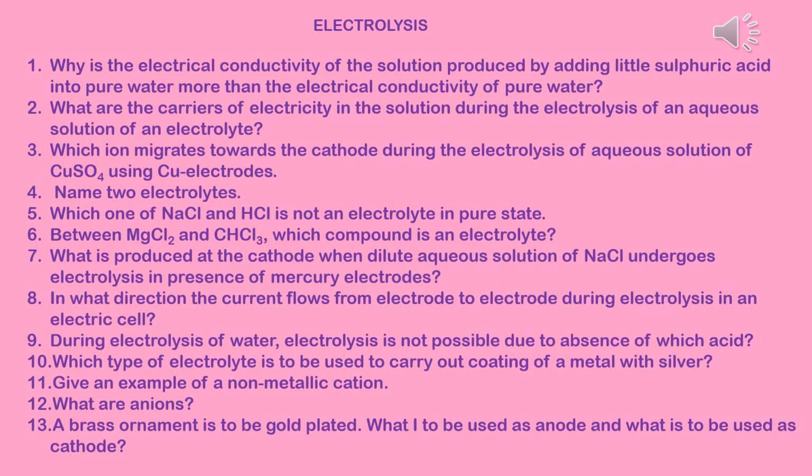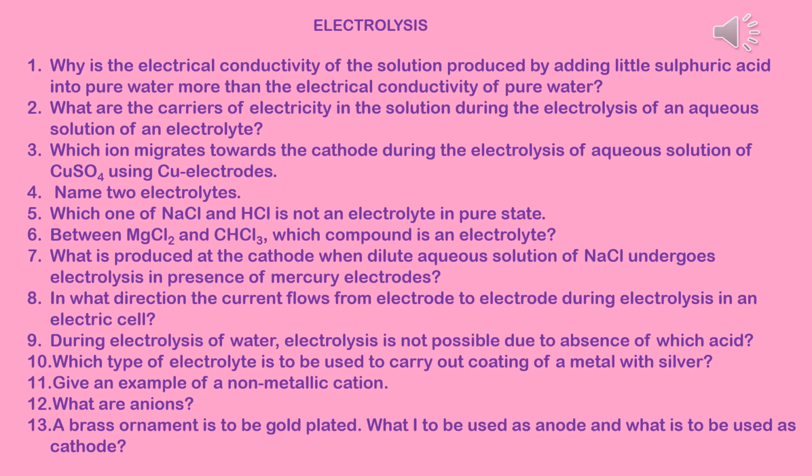Which ion migrates towards the cathode during the electrolysis of aqueous solution of copper sulfate using copper electrodes? Answer. When an aqueous solution of CuSO4, copper sulfate, is electrolyzed using copper electrodes, both Cu plus 2 and H plus ions migrate towards the cathode, where Cu plus 2 ions are discharged in preference to H plus ions.